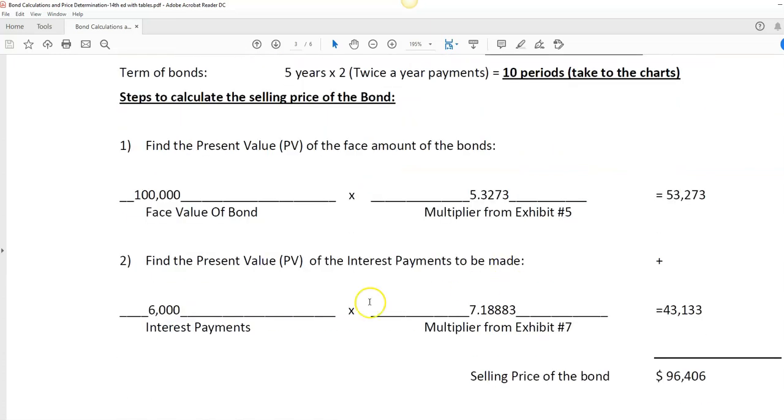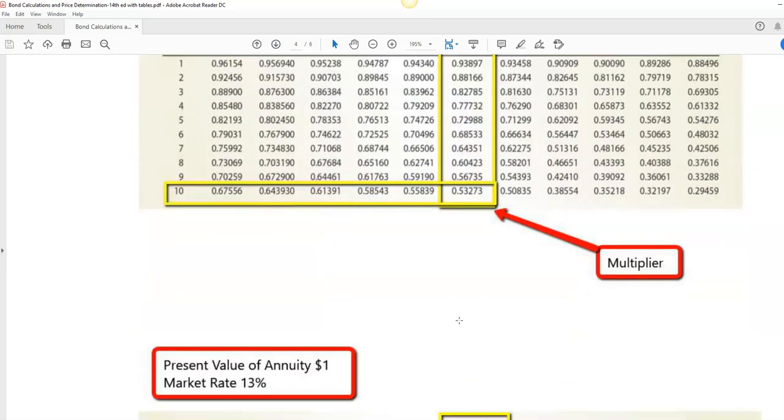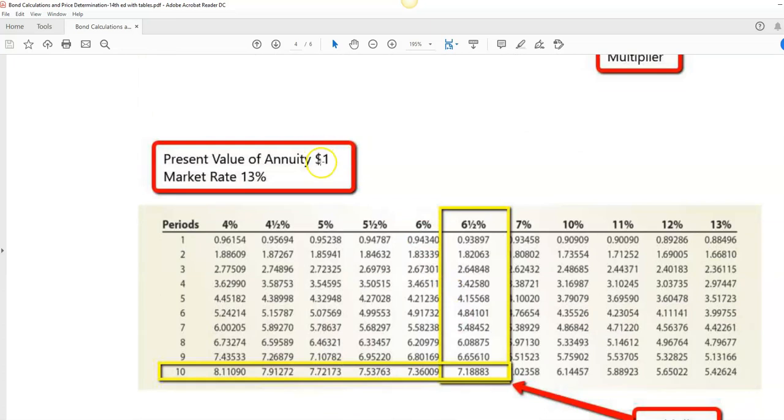And when I do, here's my little formula. Notice this and this stay the same. Here's my multipliers. Here they are on the chart below. So here is the multiplier at 6.5%, 10 periods. This is for the first one. And this is for the annuity. The annuity is the interest, so 6.5 times 10.